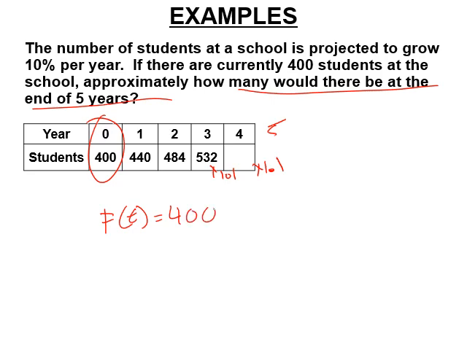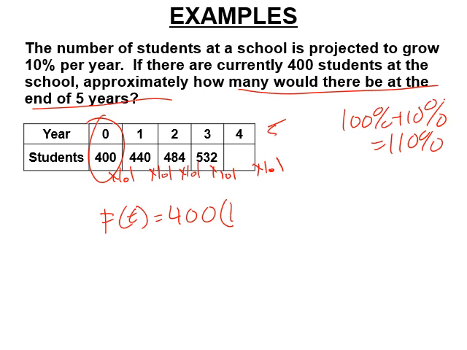Y-intercept is 400. Right? And then each time we're multiplying by 1.1 to make it 10% bigger. So it's 100% plus 10%, also known as 110%, also known as 1.1. Our base here is 1.1 and to the t. So there is our function.